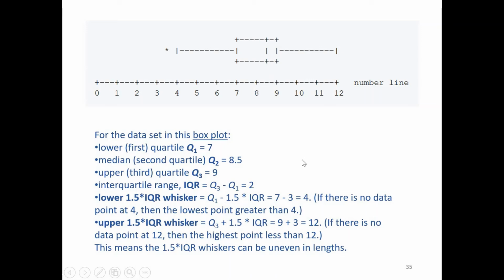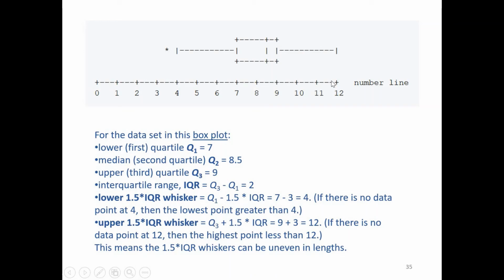Now, if you want to find out the lower whisker, it is Q1 minus 1.5 times your interquartile range, which is 4.